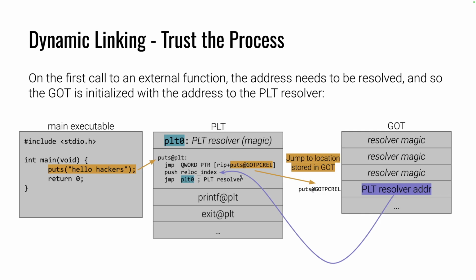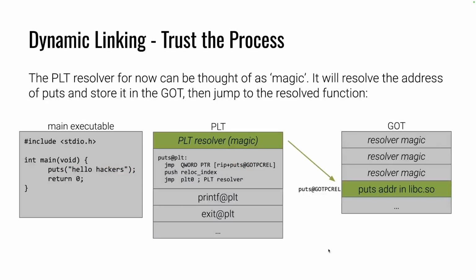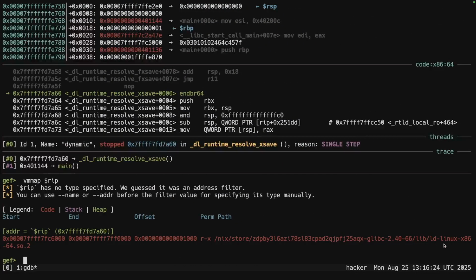So we're going to go into the resolver code, and that is going to call into the loader. Once this resolution process of the loader is done, the GOT entry will have the address. We just trust that the loader here will figure it out for us.